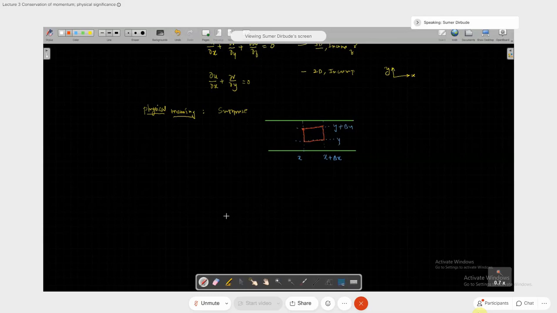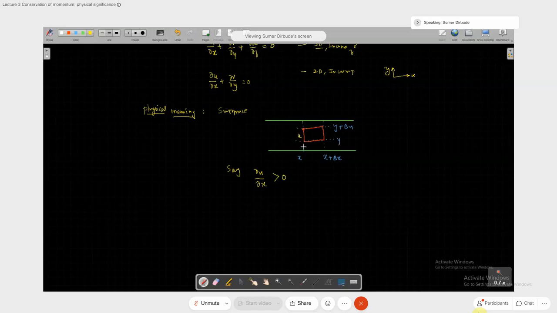Now, say in this particular case, ∂u/∂x is greater than 0. What does it mean?